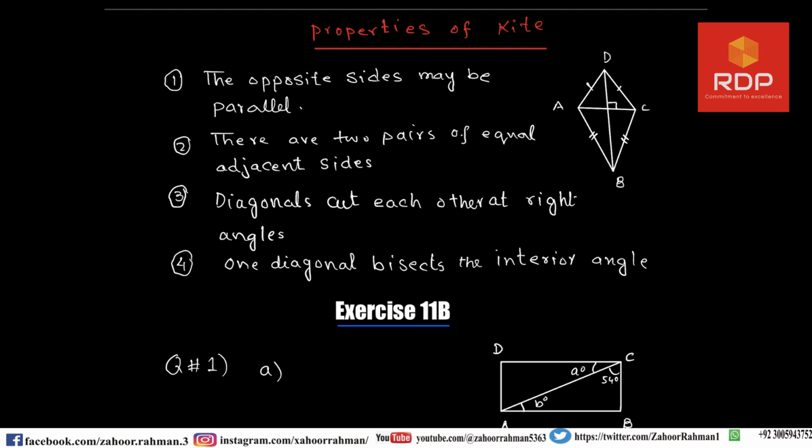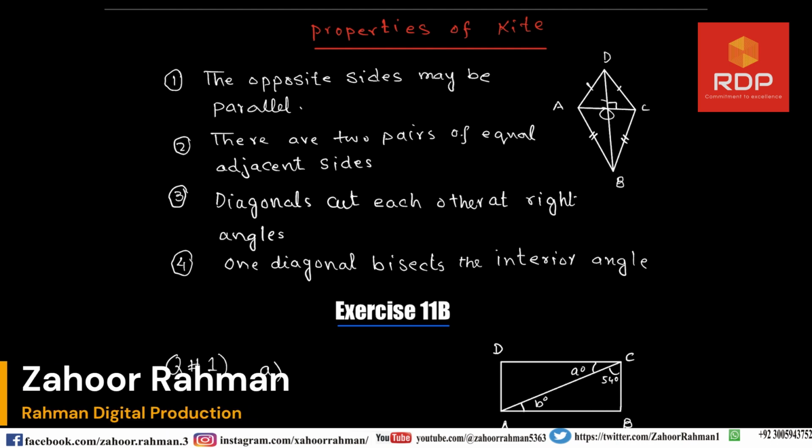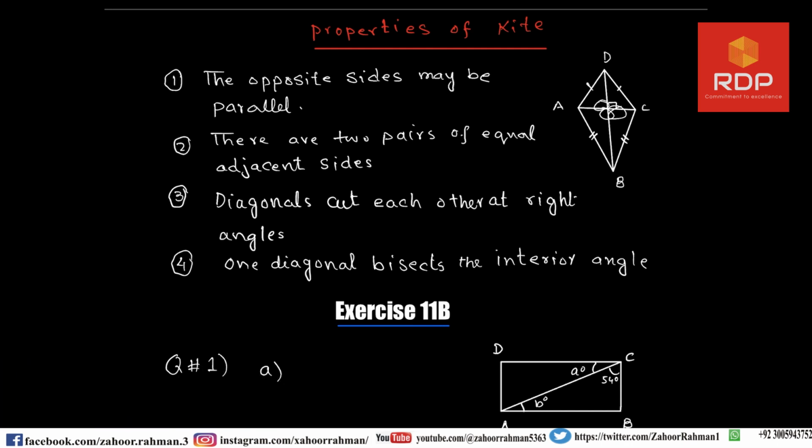The third property is diagonals cut each other at right angles. Now you can see that I pointed out here a 90 degree angle. Now this angle and these three angles are also equal to 90 degrees.